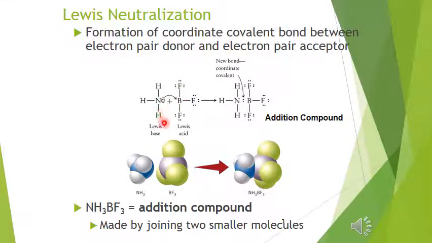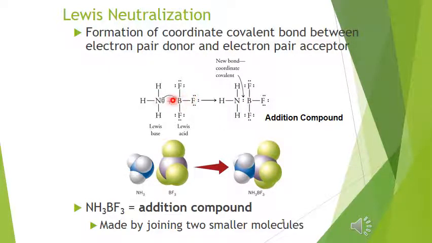So the NH3 is now the base because it's donated, and the BF3 has become the acid. So the NH3 has been oxidized, Lewis base, and BF3 has been reduced, gained electrons. And they form a covalent bond.